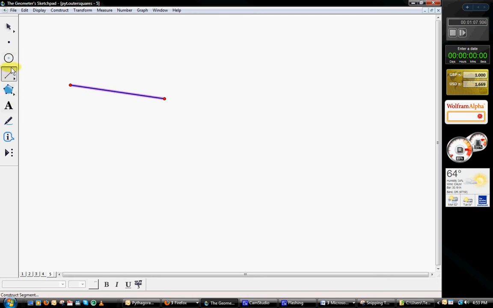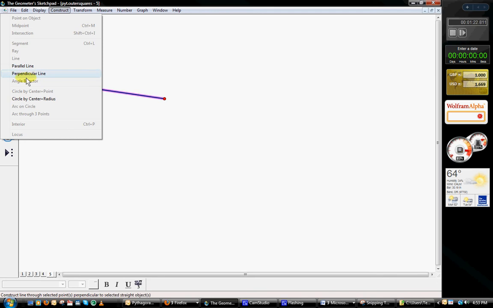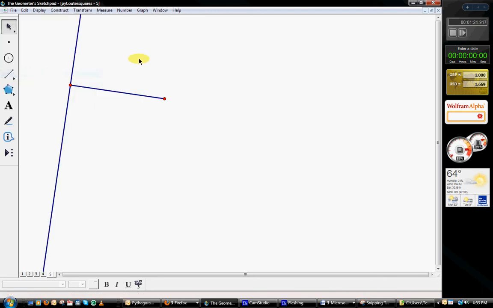and then to keep our parent-child relationships where we want them to be, we want to construct a perpendicular to that line segment. We can do that by selecting this segment and that point.